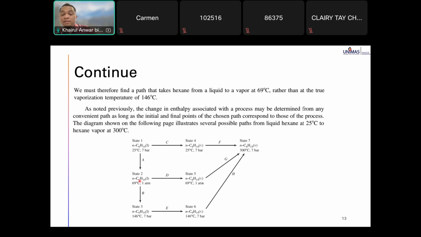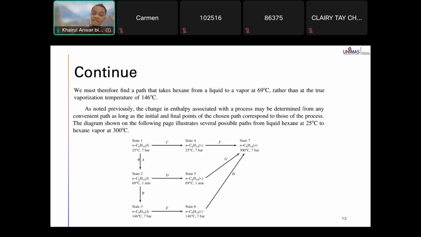So you heat it up until 69. At 69 degrees C, it's still in liquid form. The question asks us to vaporize it, so to change it from liquid to vapor. So path A here uses CP, which you get from table B2.